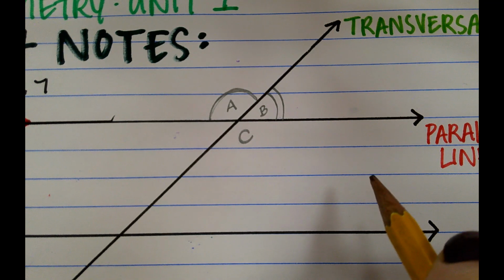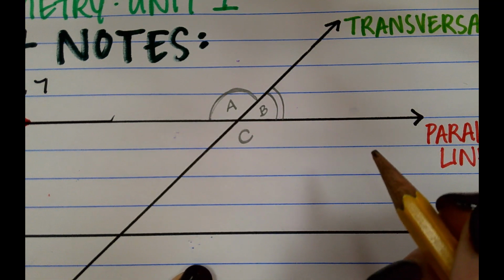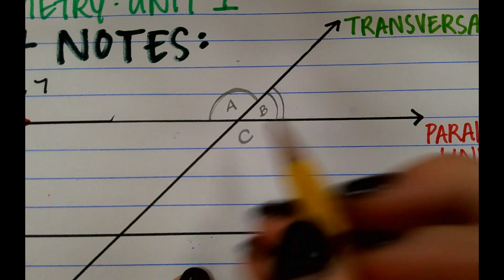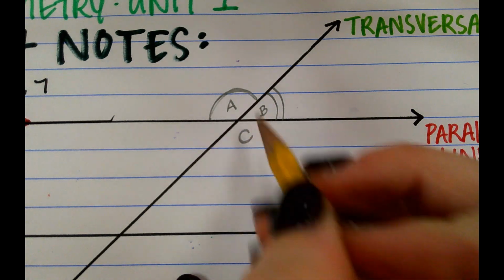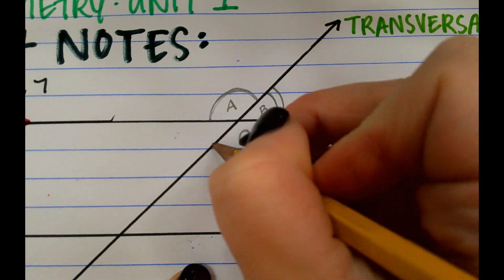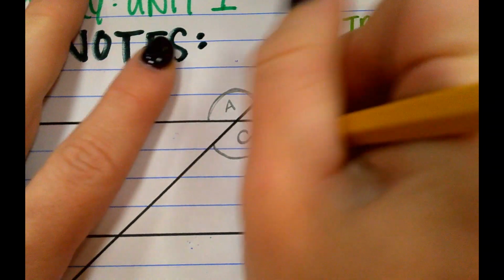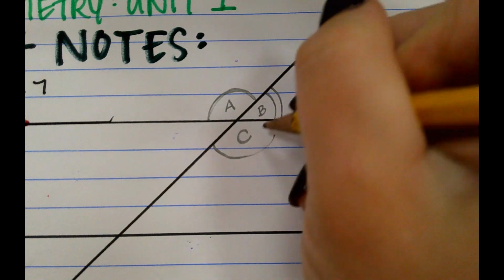Might be hard to tell until we get them all labeled. I think you're right. Angle C and angle A are the same size. They have a special relationship that we'll talk about in a minute. So we're going to give angle C 1 arc as well. Just 1 arc.